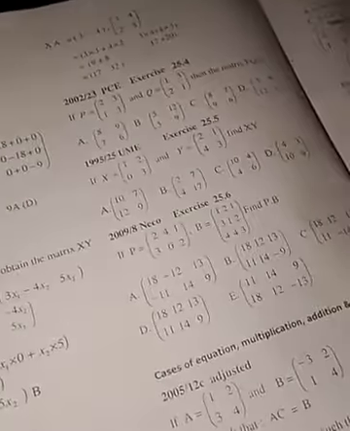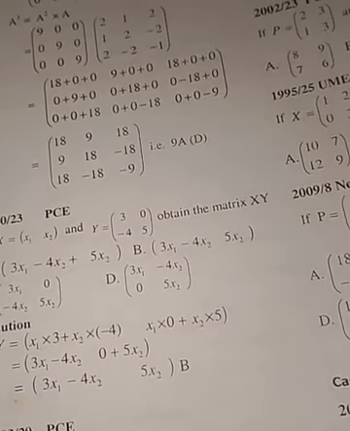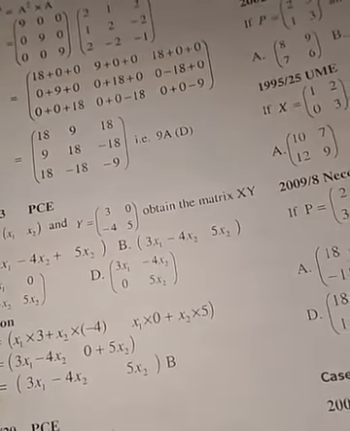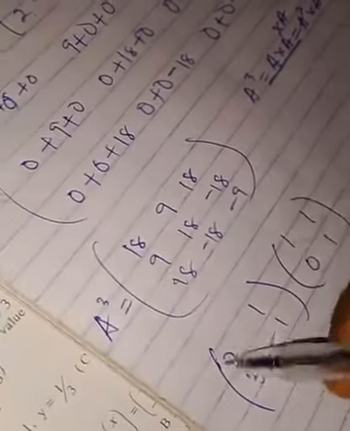So I think we have another question. Let's check this question out. So we have 2, 1, 2, 1, 3 minus 1, 1, 1, 0, 1. So we take it like this.